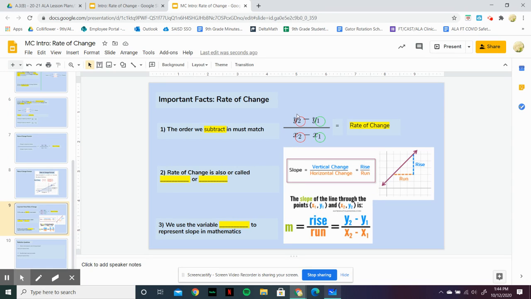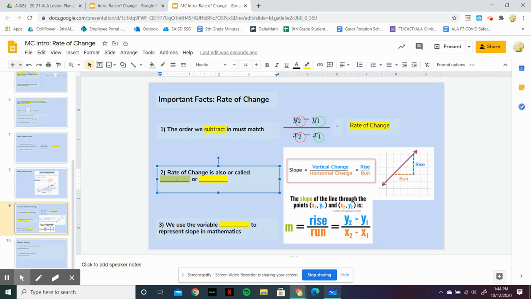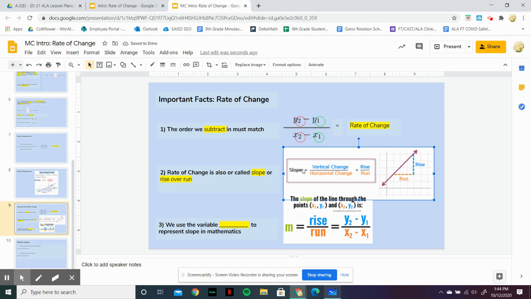And remember that these are coming from the same point, and these green ones are coming from a different point, but the same. So the second important thing to note is that rate of change is also called slope, or often called rise over run. So if you look at this picture here, slope is the vertical change divided by the horizontal change.